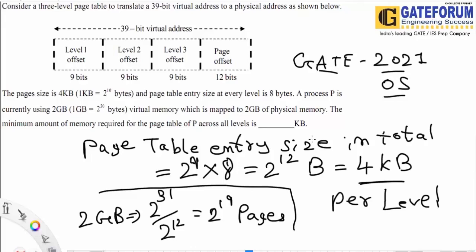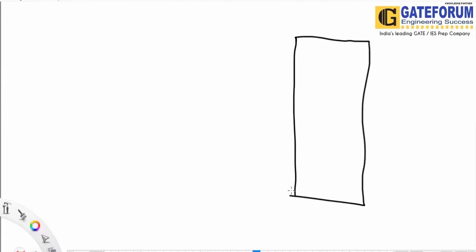Okay, and the minimum amount of memory we require for the page table of P across all tables. So we require the minimum amount of memory for the page table, where we are mapping the frames and the pages. In total we need to map 2 raised to 19 pages. You need to map 2 raised to 19 different pages inside our entire process.